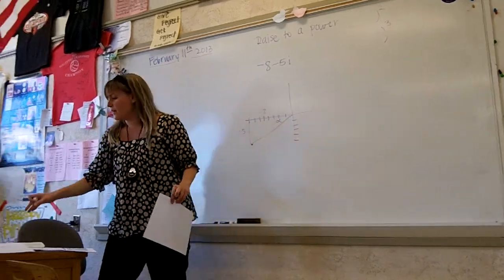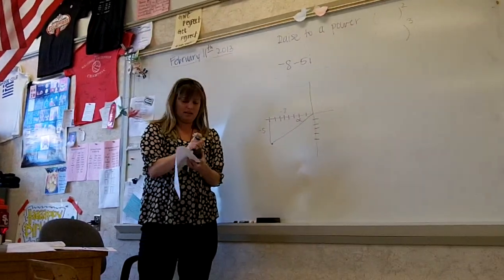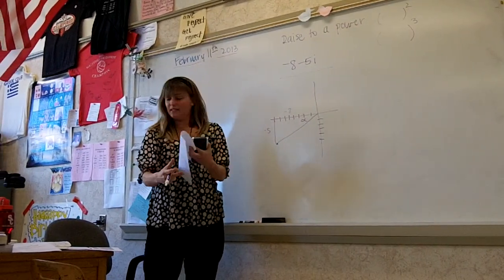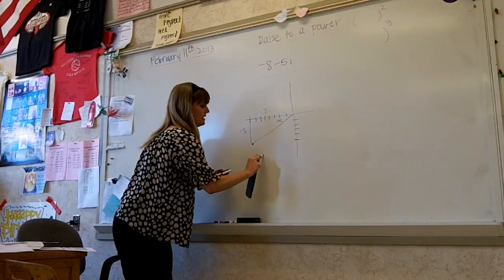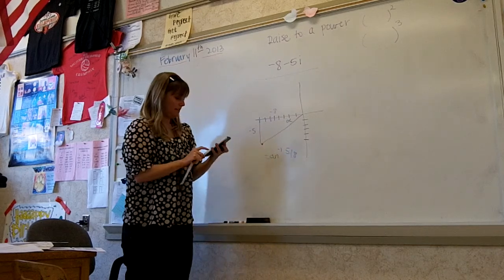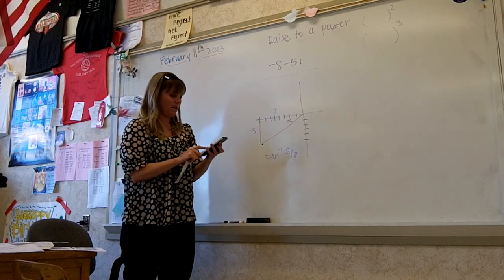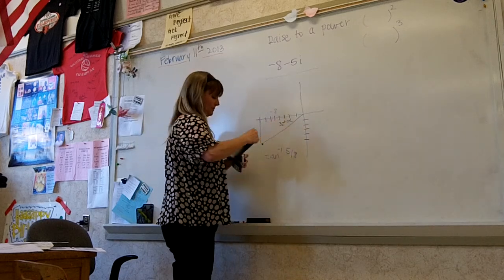So if you have a calculator handy, I'm just going to do inverse tan of 5/8. So inverse tan, 5 divided by 8. It looks like I get that this is 32 degrees.